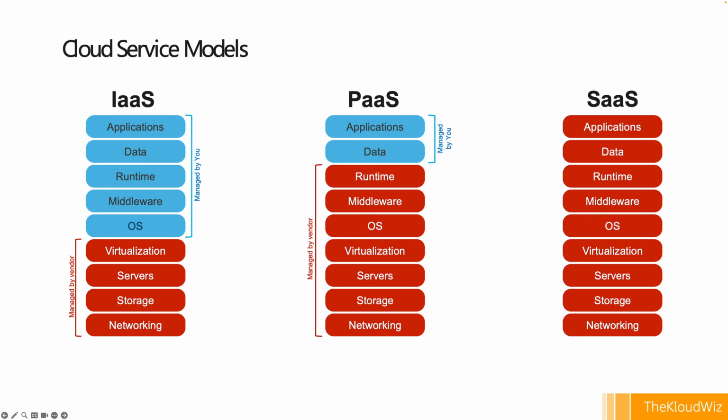SaaS, on the other hand, gives you a finished product, so you don't have to do anything with the infrastructure that powers it. The more control you have, the more work you do, and the more convenience you want, the less control you get. That is the beauty of cloud computing and the various types of service models that they offer you. You get to choose the balance that fits your need.